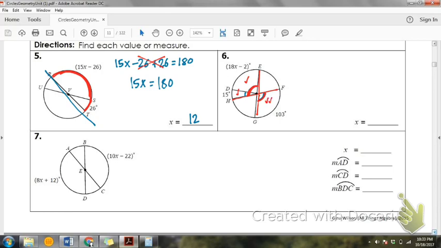Okay, so let's add 18x minus 2 plus 15 equals 103. Okay, because I have vertical angles there, that's how I need to set them equal.